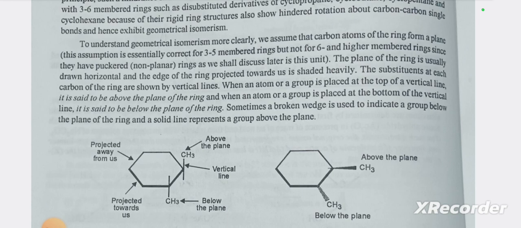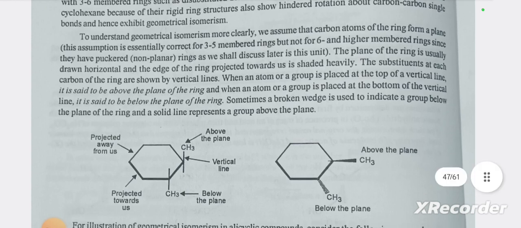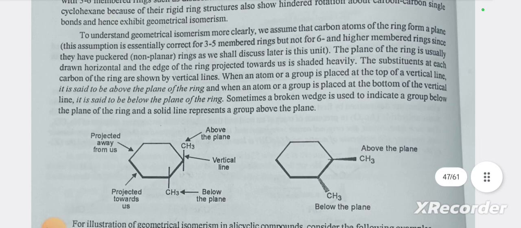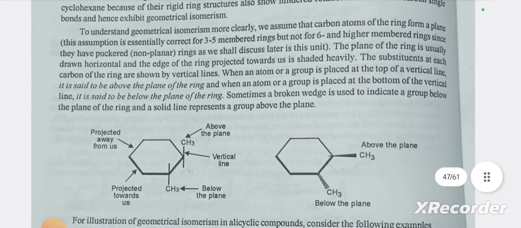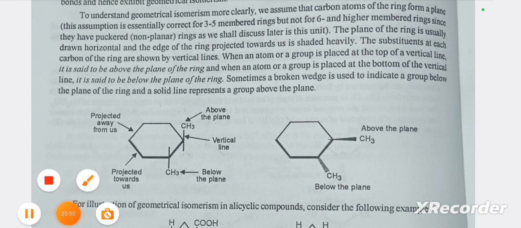When an atom or group is placed at the top of a vertical line, it is said to be above the plane of the ring, and when placed at the bottom, it is said to be below the plane of the ring. Sometimes a broken wedge is used to indicate a group below the plane of the ring, and a solid wedge represents a group above the plane.